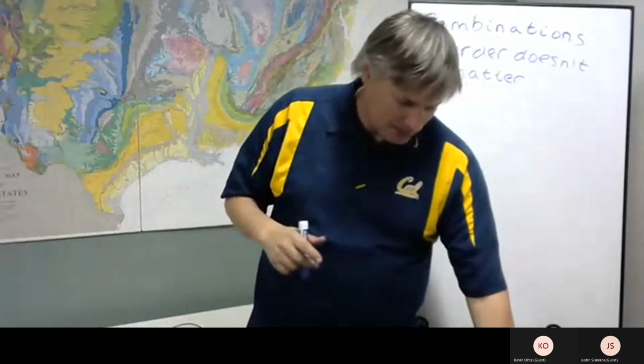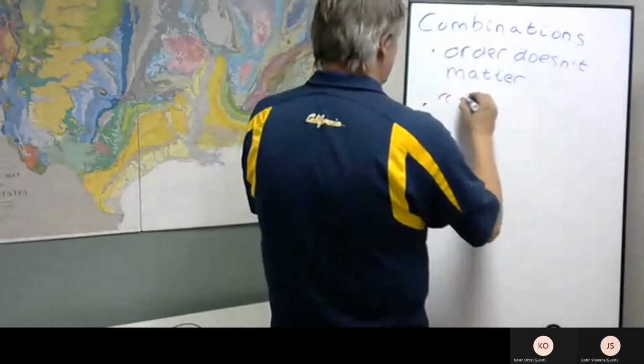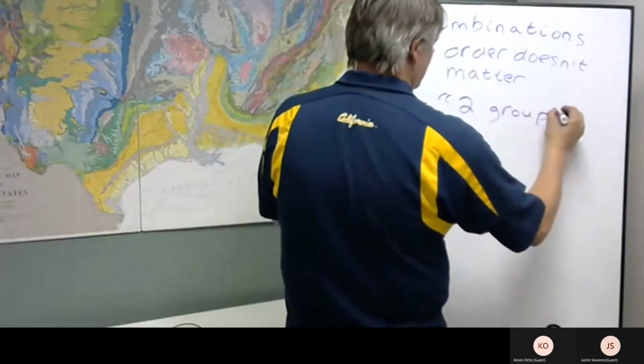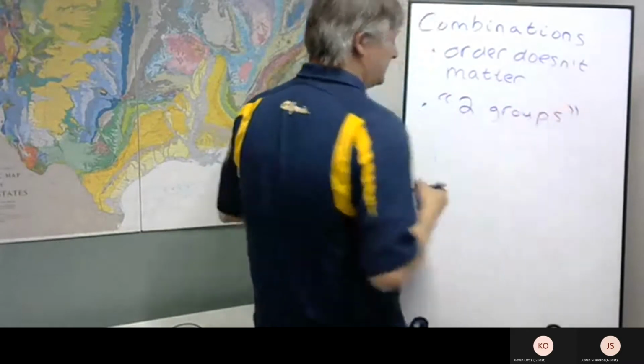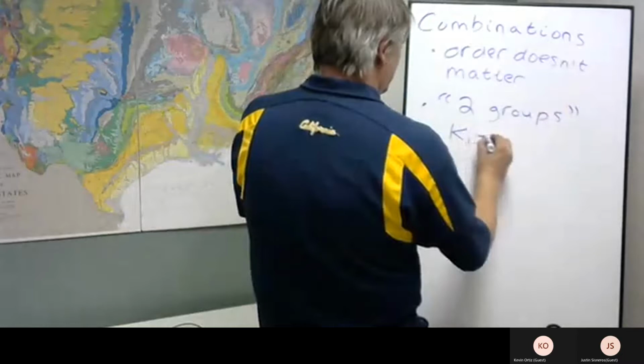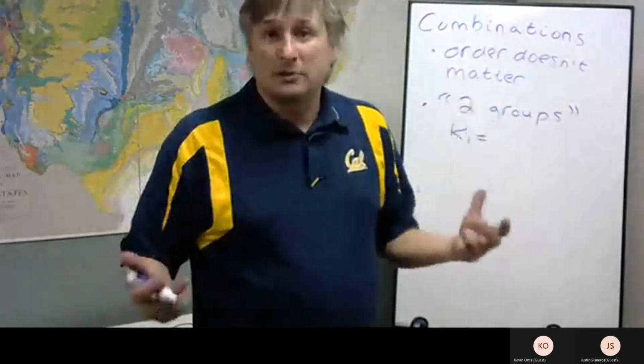So what we're going to do with combinations is break it down basically into 2 groups, instead of R. So we could say K1, our first group, is the number of objects we want to choose.